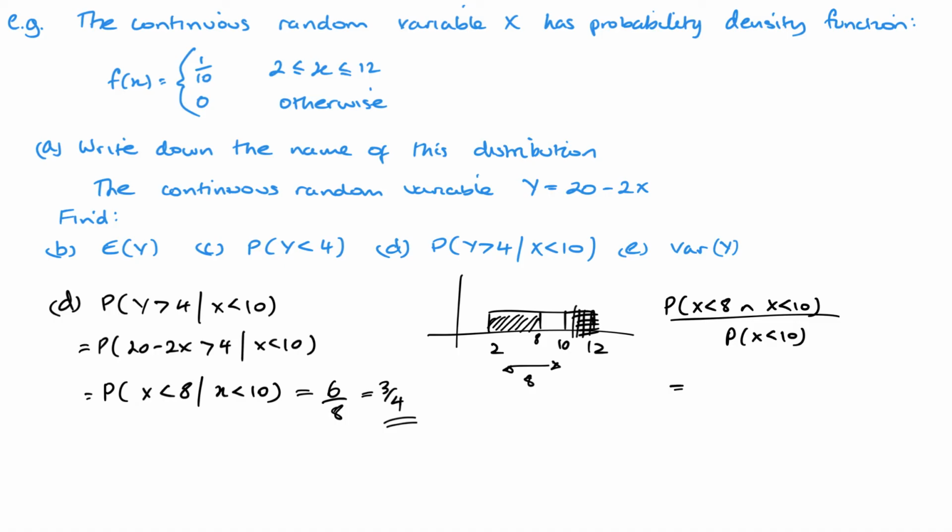If I did it this way, I'd have 6 over 10 for my intersection, and then 8 over 10 for my probability when x is less than 10, and we can see that's going to give me 6 over 8 or 3/4 as well. So it doesn't matter which way around you do this, you will get the right answer as long as you follow logical steps.